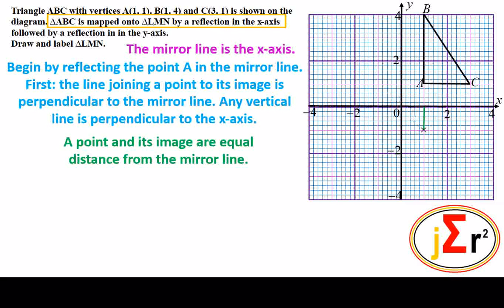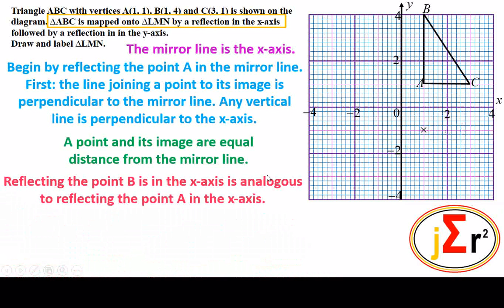There we have the image of A. And take note that we don't have to be too bothered about the line joining a point to its image being perpendicular to the mirror line, because every vertical line is perpendicular to the mirror line, which is the horizontal line, which is the x-axis.